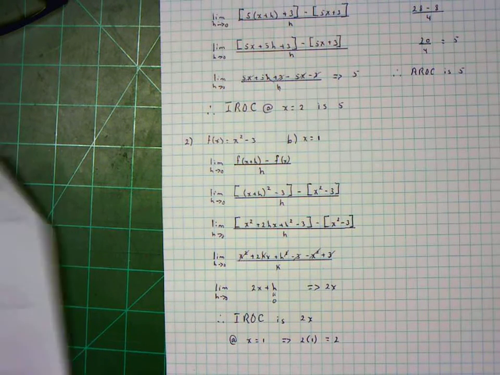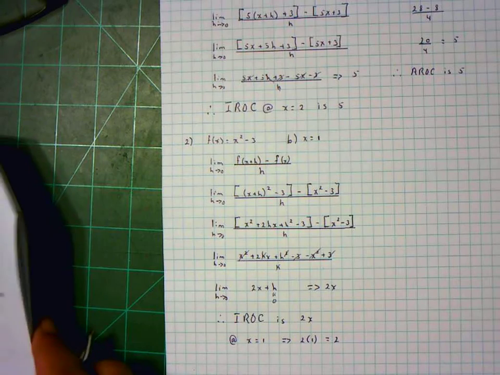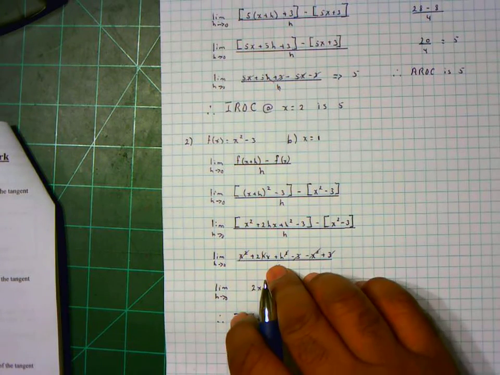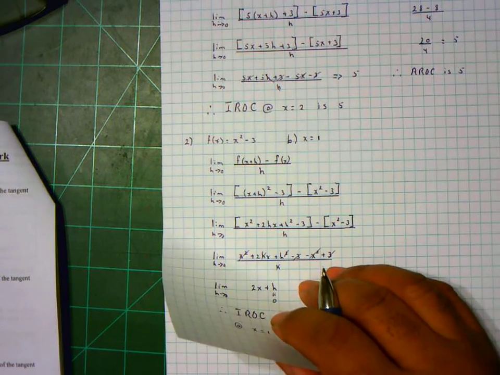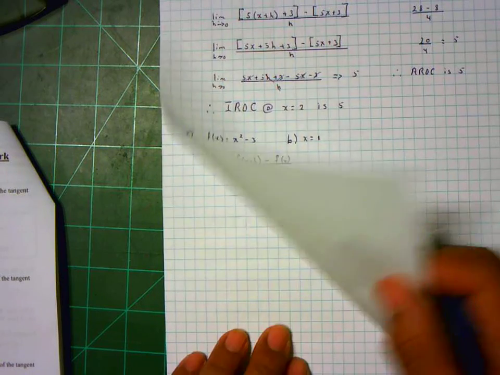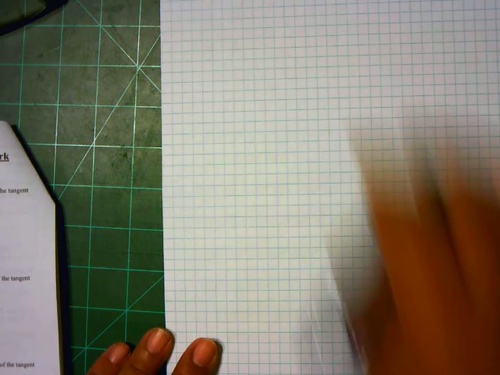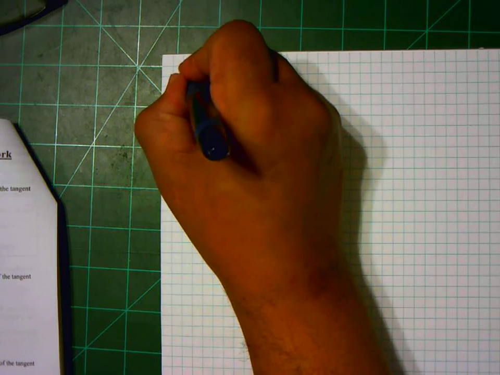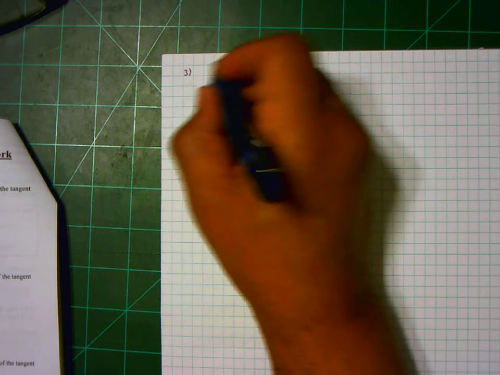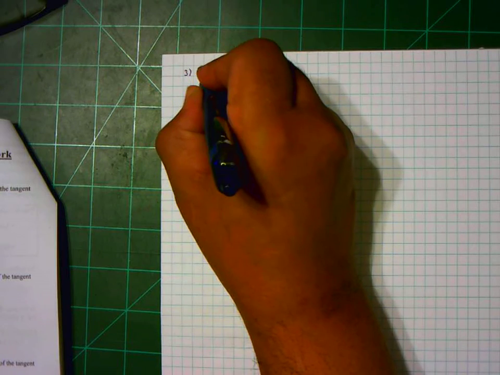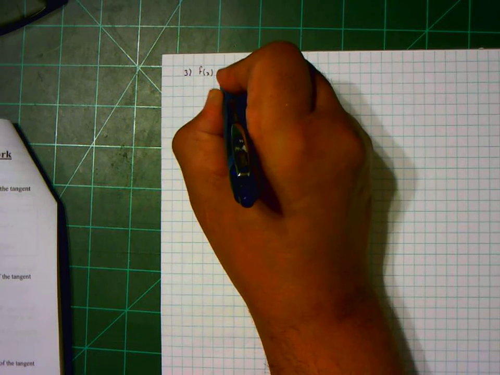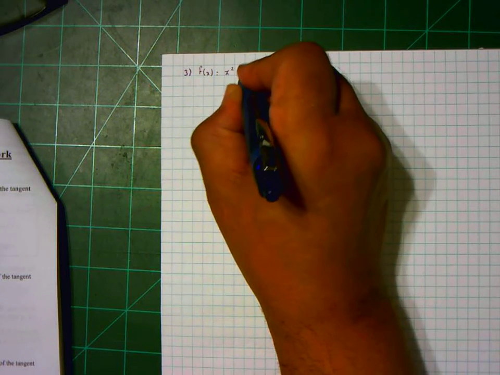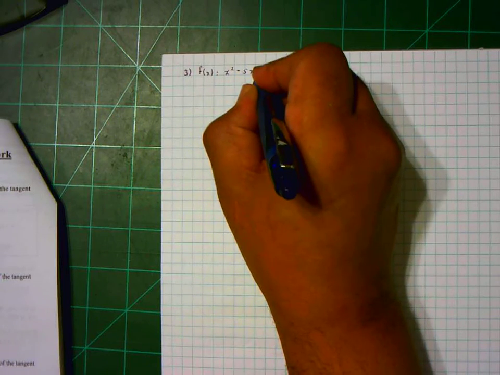Okay, let's see if we can squeeze one more into this before I lose the time. So we have problem number 3. And 3 is f of x equals x squared minus 5x plus 4.